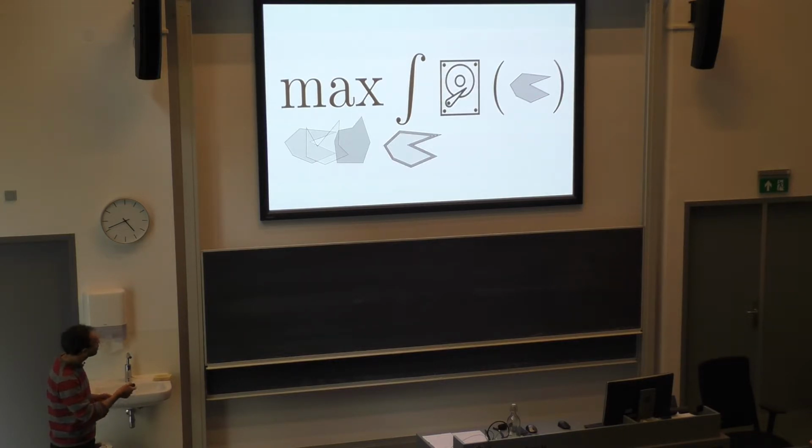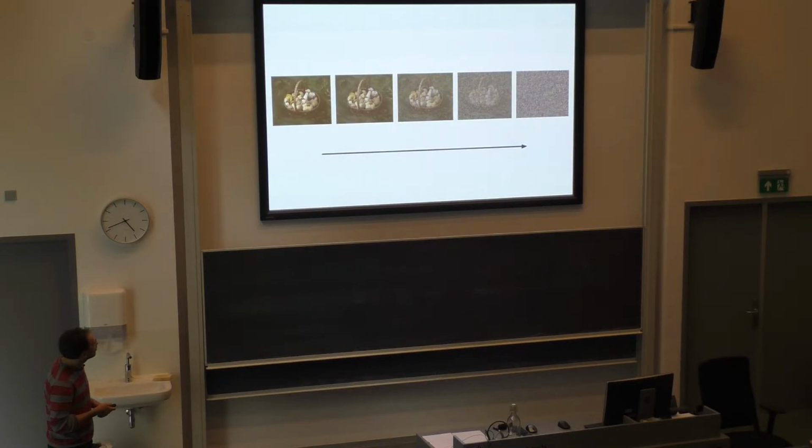So instead of time, we could also have disk space as a cost measure. Yes, and I want to show that this interpolates between worst case and an average case.